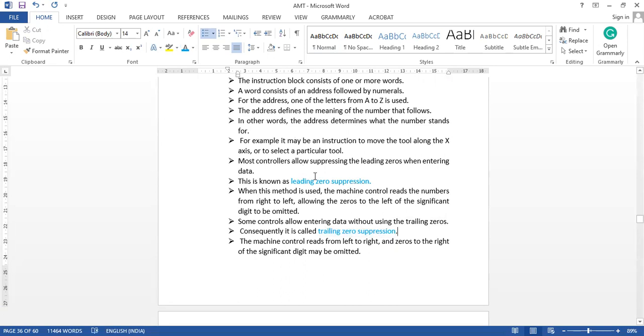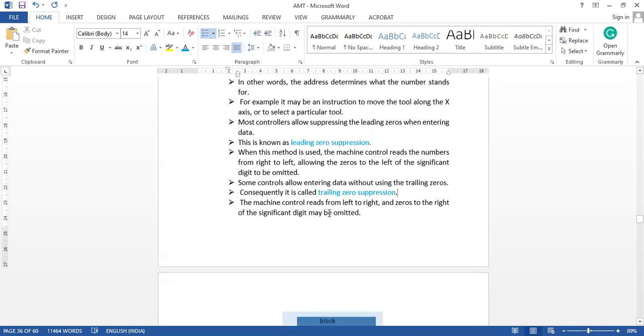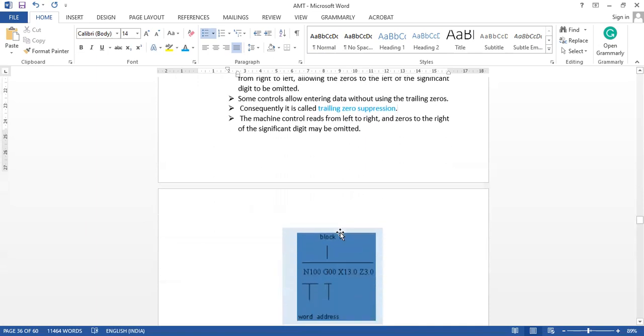With trailing zero suppression, the machine control reads from left to right, and zeros to the right of the significant digit may be omitted.